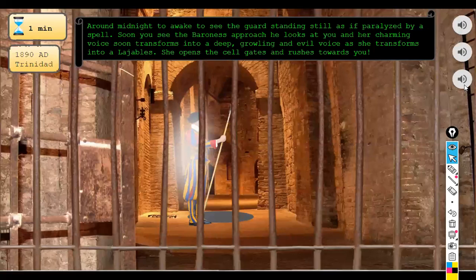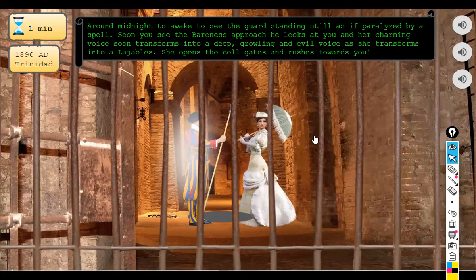All right, so apparently a lot in your cell, but those are the bars. I'm sure you can see the bars there left behind. Oh, so right now the guard is paralyzed by some sort of magic. Let's see who appears. It's the Baroness. Oh, I thought it would have been the man on the horse, but all right.